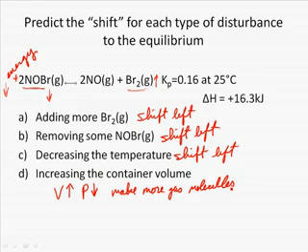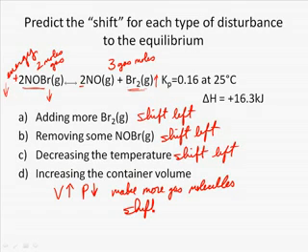So let's look here. We have 2 plus 1, so 3 moles of gas on the product side, and I just have 2 moles of gas on my reactant side. So it's going to shift towards the products, or shift right.